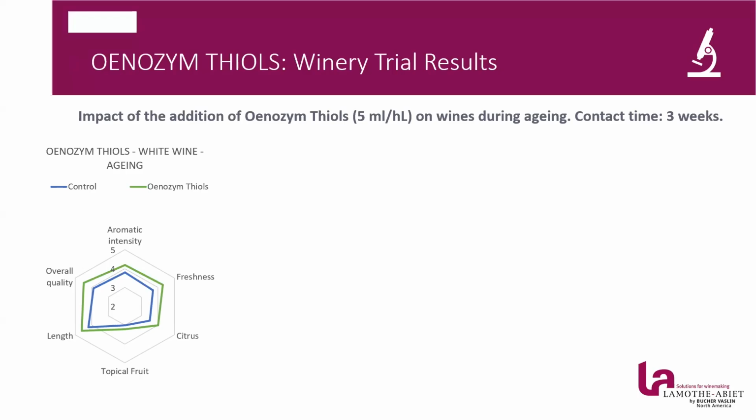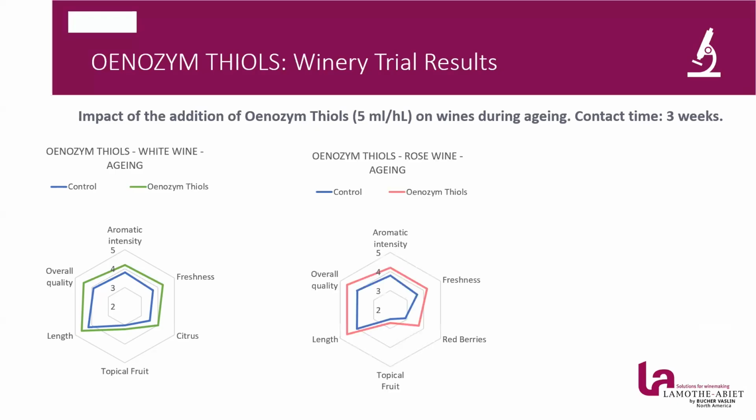We can see that the wine treated with the enzyme Thiols compared to the control was higher in terms of citrus and tropical character, more fresh, which led to an overall superior quality and aromatic intensity. For a rosé wine, that was a Grenache.